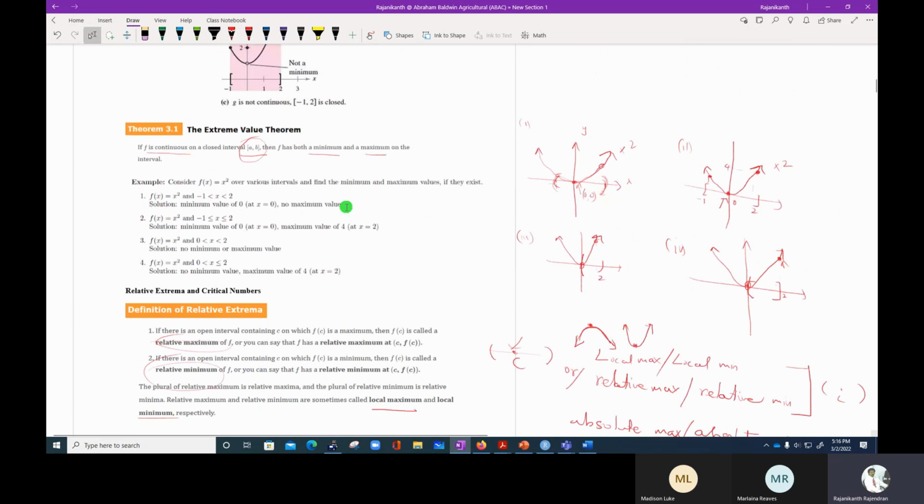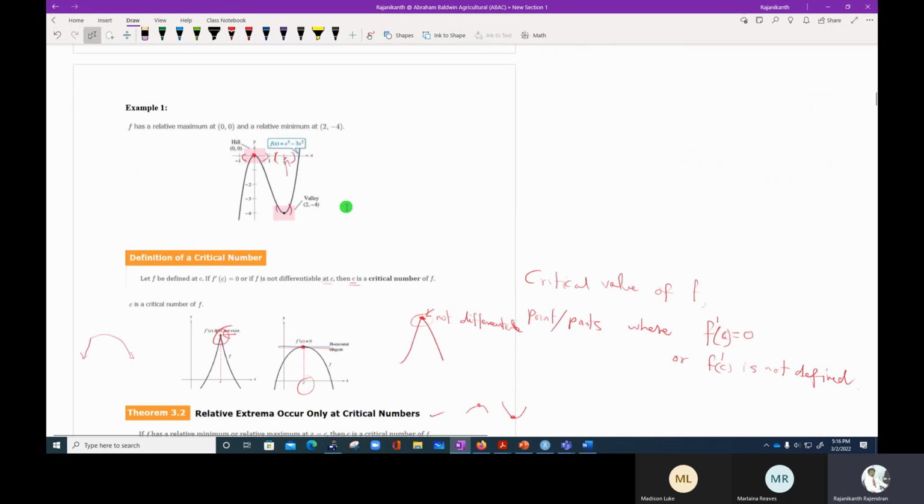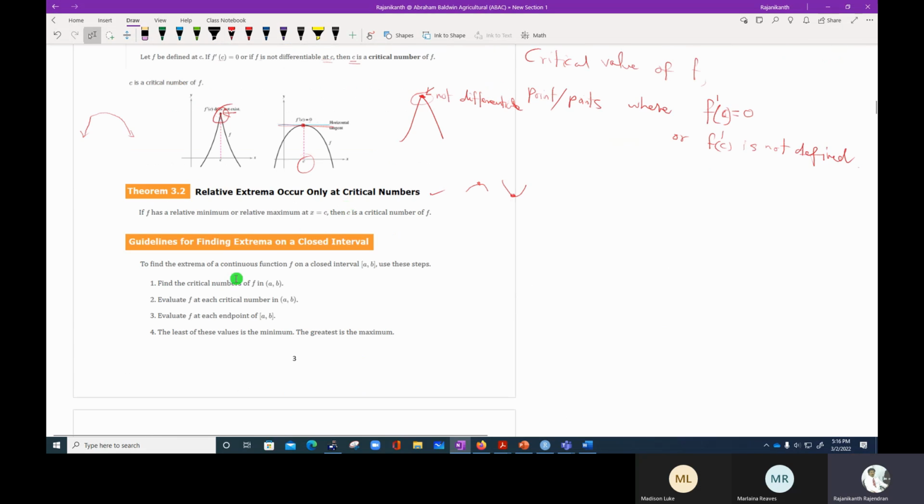Now, by considering all these things in your mind, we will summarize. How do you find extreme points on a closed interval? You are asked to find either the maximum or minimum value of the function on the closed interval, like this. So these are the steps you have to follow all the time. First of all, find the critical values of the function. You know the meaning of critical value.